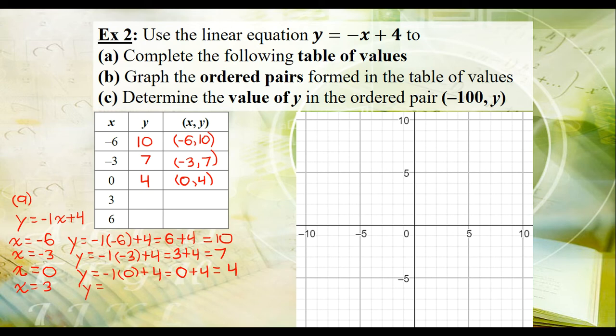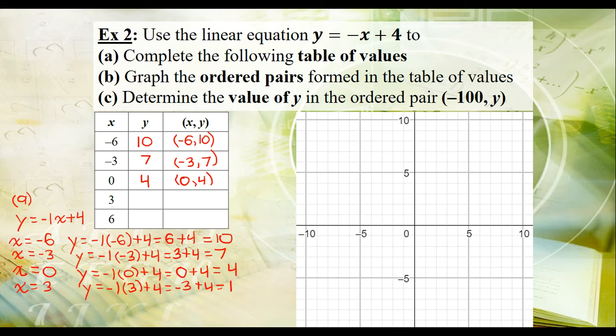So you'd have negative 1, replace x with positive 3, plus 4. Negative 1 times 3 would be negative 3, plus 4. Negative 3 plus 4 would be positive 1.